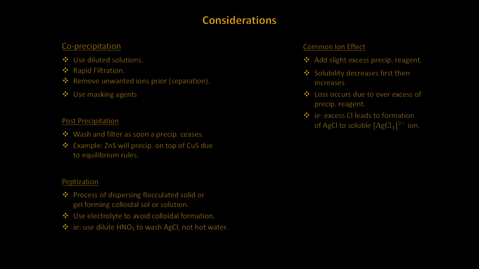For example, to precipitate silver, a chloride is introduced to form a silver chloride precipitate. However, if too much chloride is added, silver trichloride is formed. Now, silver trichloride is soluble in a chloride solution, resulting in the loss of the silver analyte.